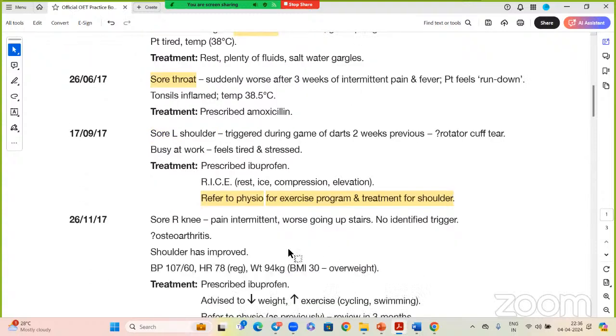Now sore knee also. Shoulder and knee, both together. Because pain is there when going upstairs. When he's going upstairs, it is worse. He has knee pain also, right? So he has been visiting a physiotherapist.